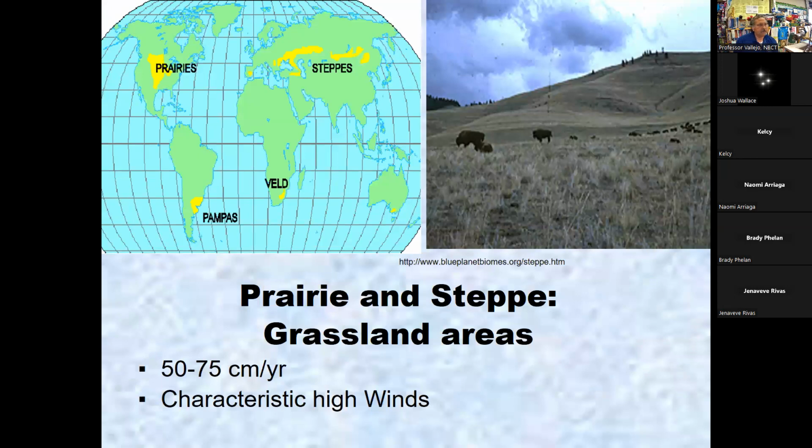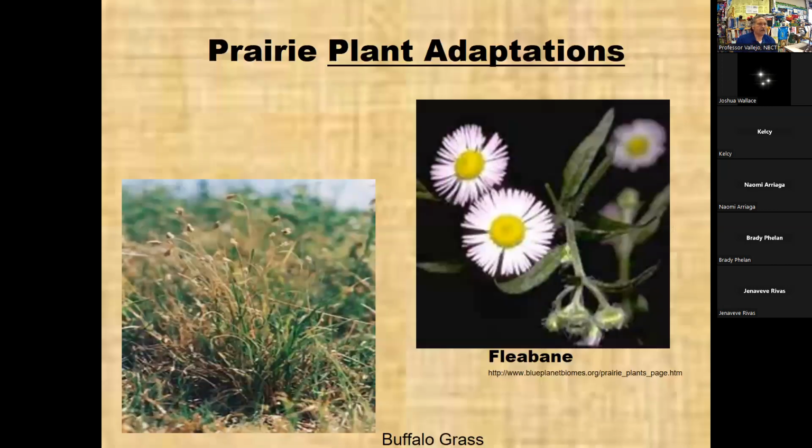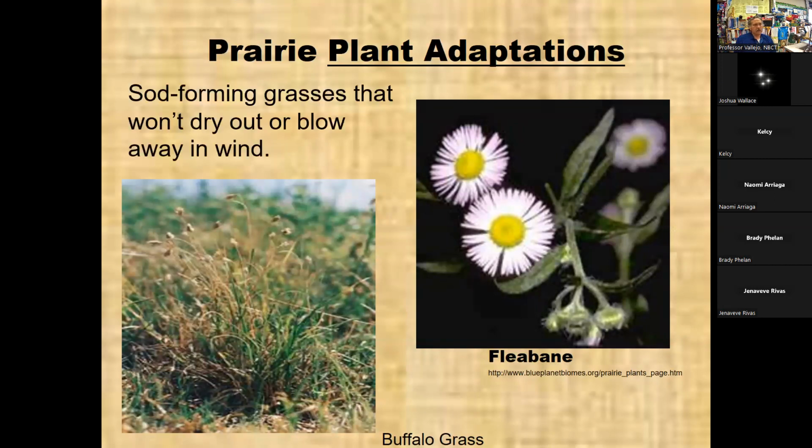All right. In the United States, we have prairies, and there are different areas of the world that have similar areas, but these are all grasslands. Here is some information about the prairies.